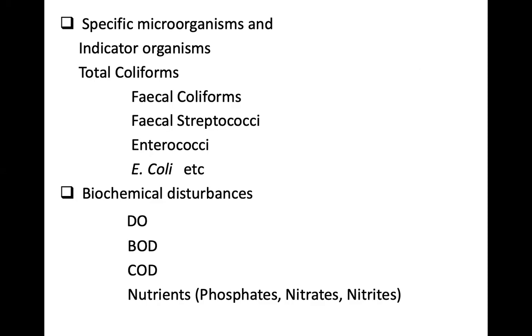Now, water that is polluted is suspected to contain fecal matter, fecal streptococci, enterococci, and E. coli. In addition, the dissolved oxygen is supposed to be very low, BOD is supposed to be very high, COD is supposed to be very high. Same for nutrients. Now, if you are looking for biological properties of any given water body, these are the parameters that usually will come into play.